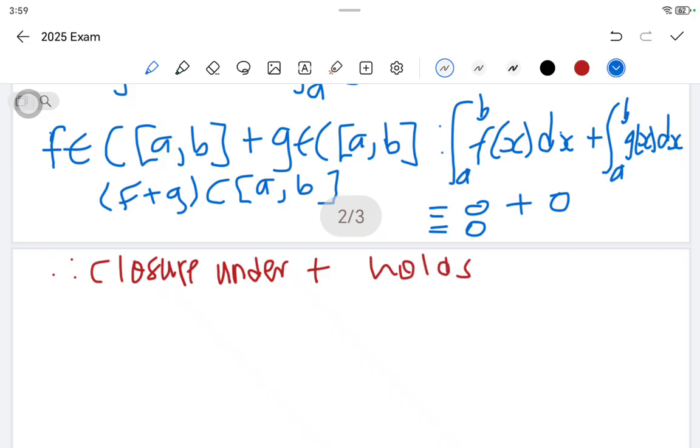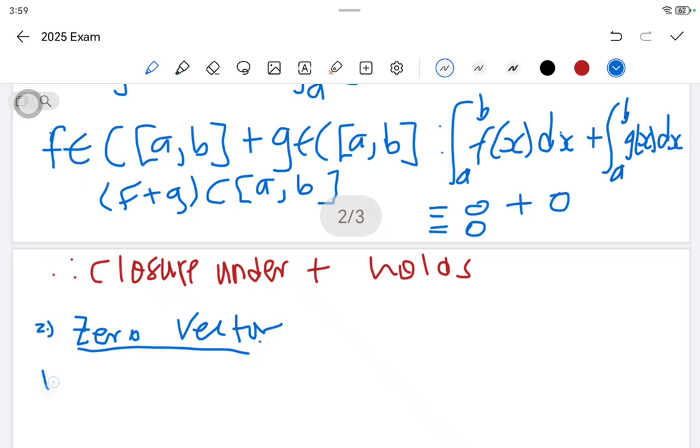Then now we come and check the second one, which is 0. We want to check if there is a 0 vector.